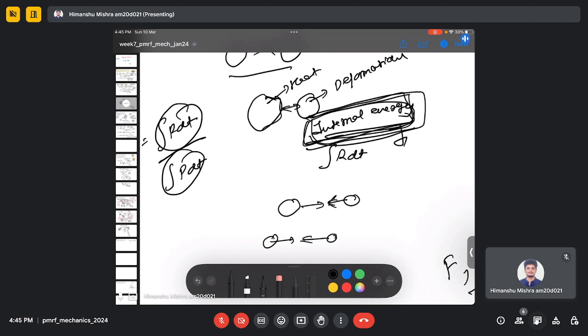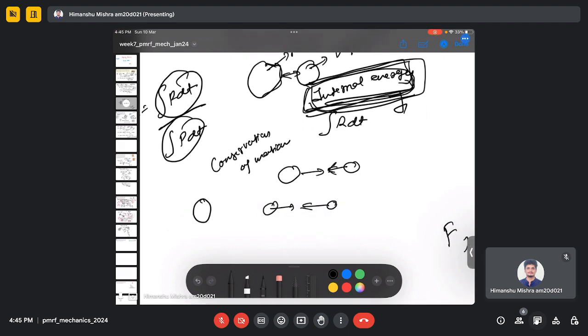When you try to solve a problem by conservation of momentum, you do not consider the internal structure of these bodies. You just consider the exchange of force between these two bodies.